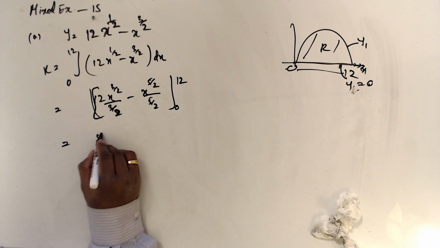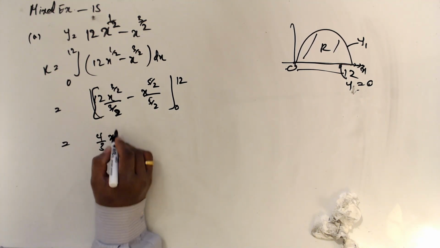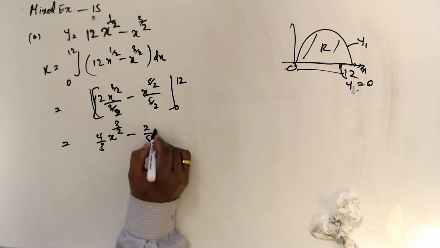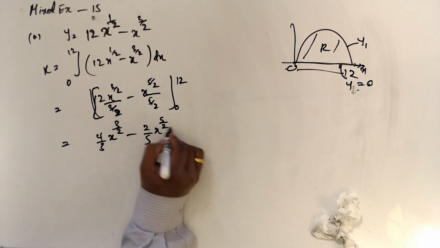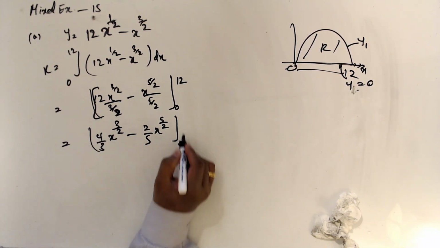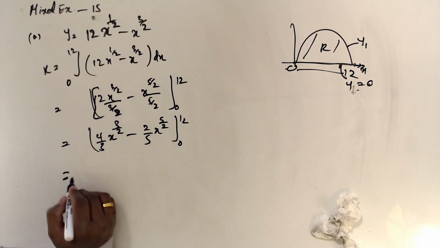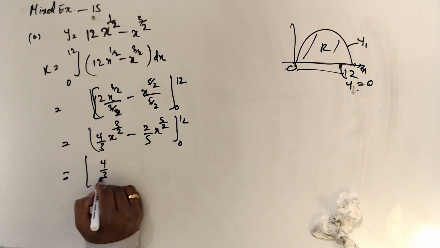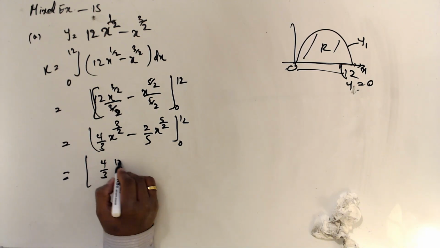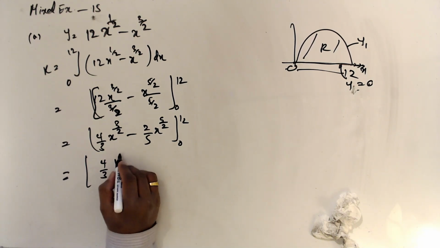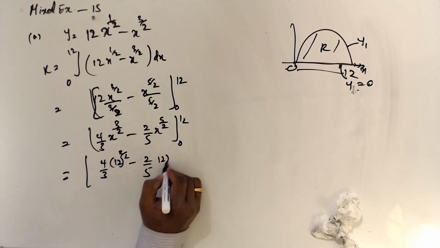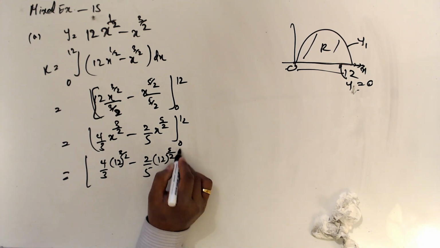Now this is going to be 4 over 3 x^(3/2) and 2 over 5 x^(5/2), from 0 to 12. So this is going to be 4 over 3 times 12^(3/2) minus 2 over 5 times 12^(5/2).